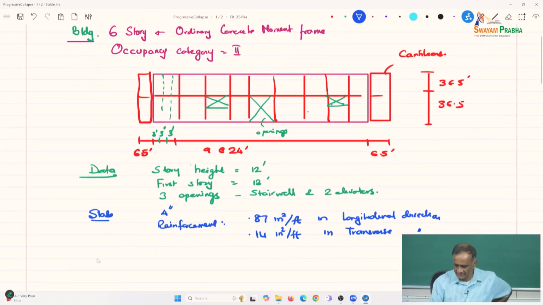Given that the materials are Fc prime, which is FCK, 3 KSI, and Fy is 60 KSI.